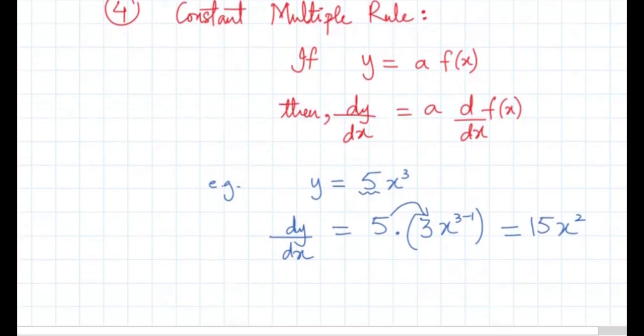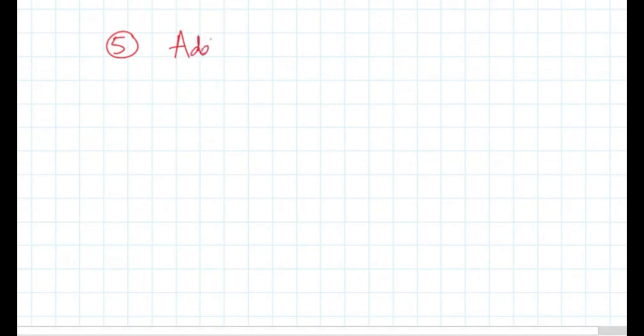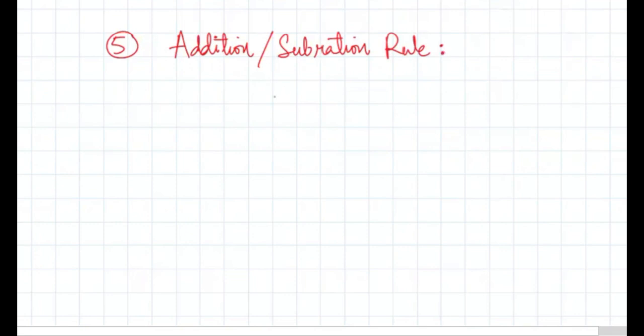The last rule that we have for the differentiation, that is the addition and subtraction. So what if you have two functions of x that are maybe being added or subtracted?